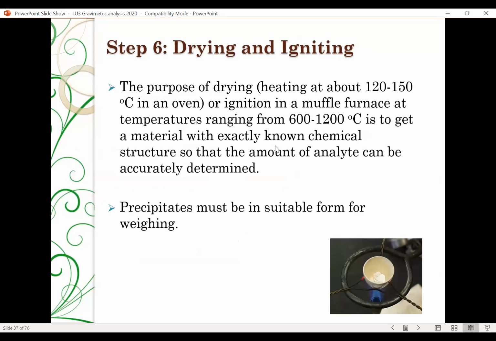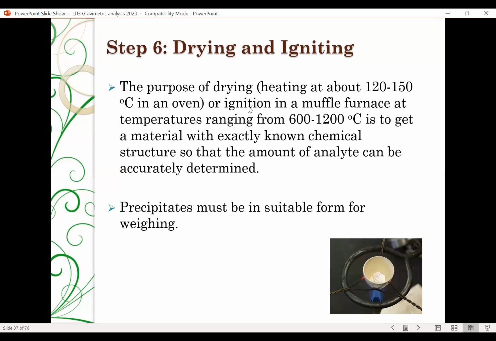Now we move to step 6, which is drying and ignition. The purpose of drying is heating at about 100 to 150 degrees Celsius in an oven. So the purpose of drying is to remove moisture, and the purpose of ignition is to remove volatile matter from the sample.